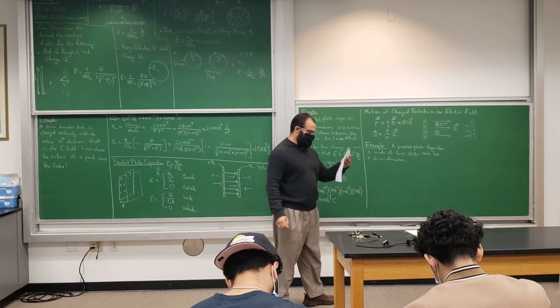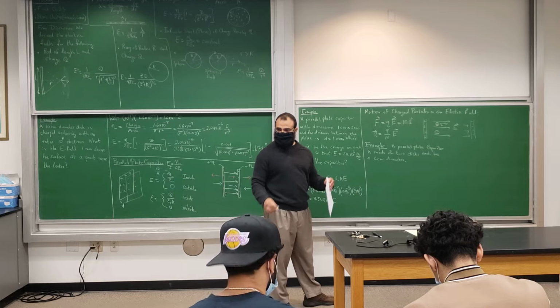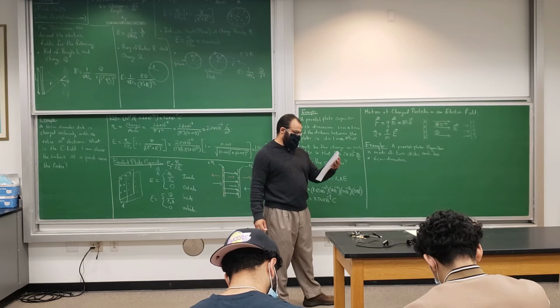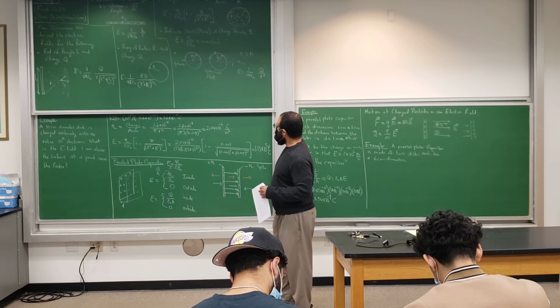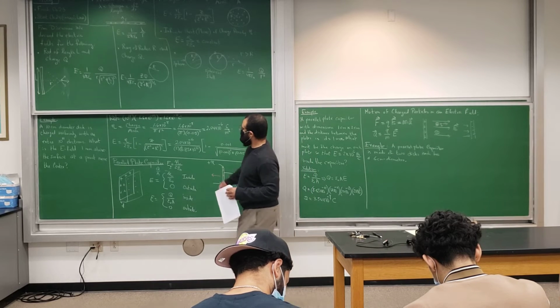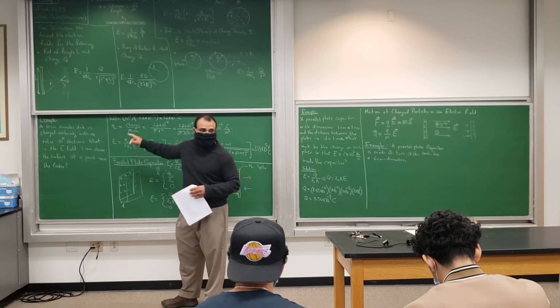Okay? And then the charge on each plate is 10 to the 11 electrons. And we did the 10 to the 11 electrons. We found this, right? The charge on each plate is 10 to the 11 electrons.